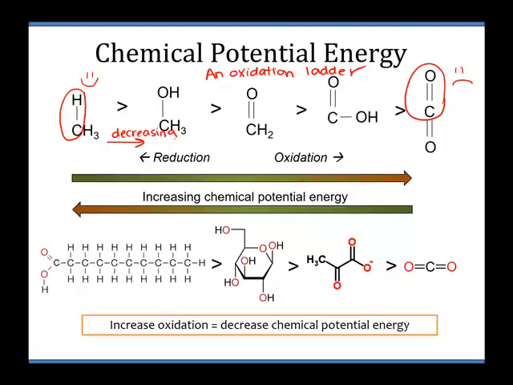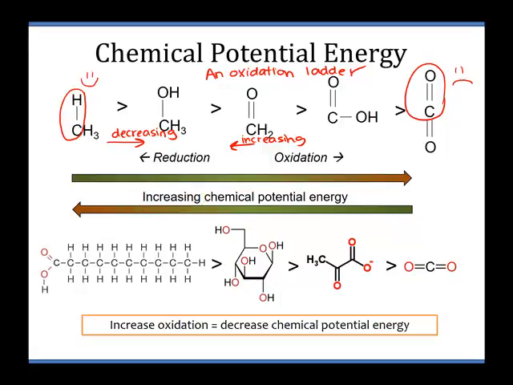Conversely, if we're moving from right to left, we are increasing. So that's what I have down here, increasing chemical potential energy as we move from, did I say left to right? I meant right to left.